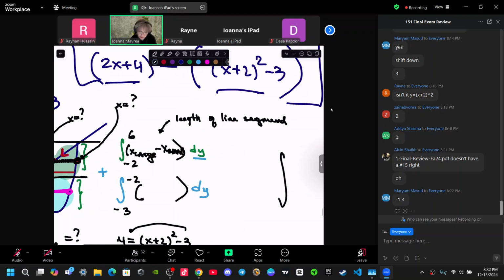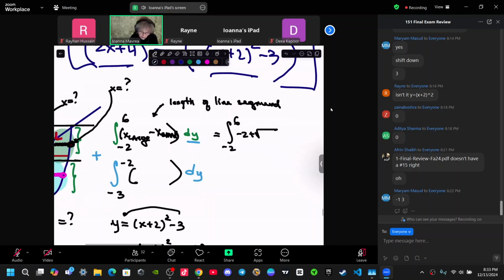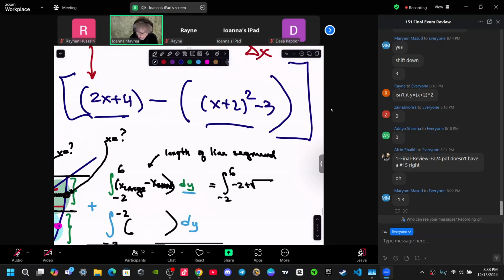In this case, the large x comes from the parabola, which was the square root of y plus 3, minus the small x from the line, which is 1/2 y minus 4, dy.